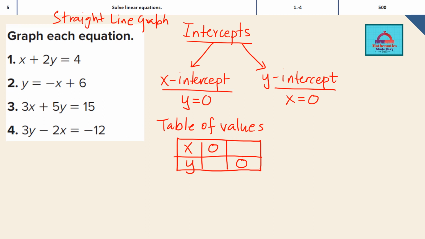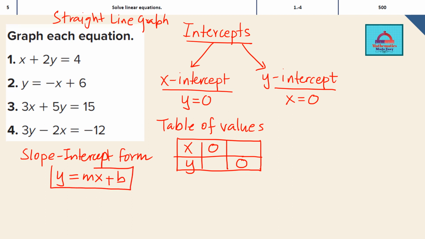In case you have forgotten what a linear equation is, I will remind you of the 2 forms. One is the slope intercept form of a linear equation, that is y equal to mx plus b. If you look carefully, question 2 is already in the slope intercept form. The other form is the general equation of a straight line, which is ax plus by equal to c.